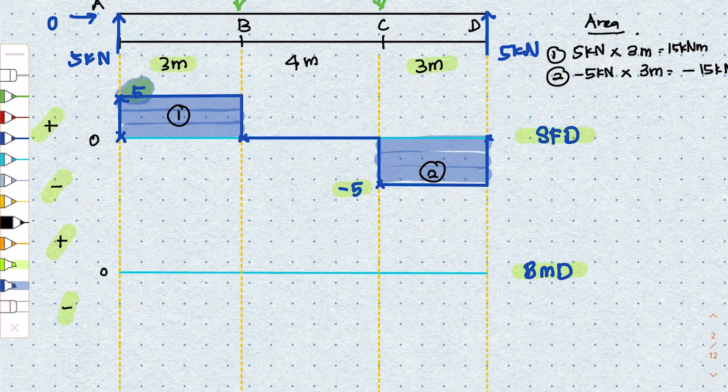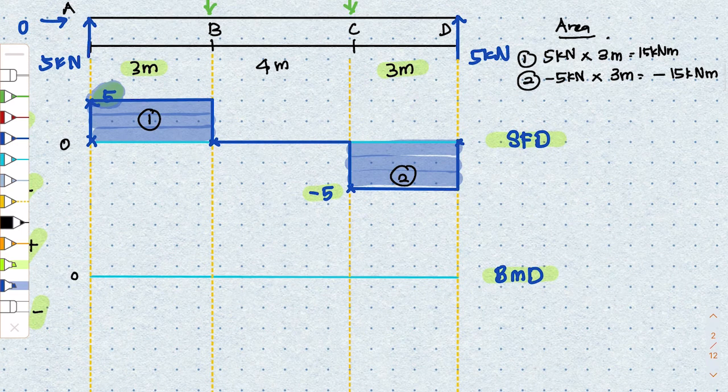What we need to do next, kita akan draw the diagram for BMD. We'll start with 0. Whatever it is, kena start dengan kosong. Okay, the first area is 15 kilonewton meter. So when it is 15 kilonewton, positive value at the end of the area, which is dekat point B ujung area tu. Point B itulah ujung area tu kan.